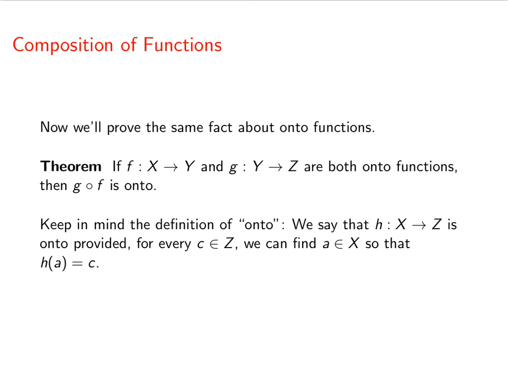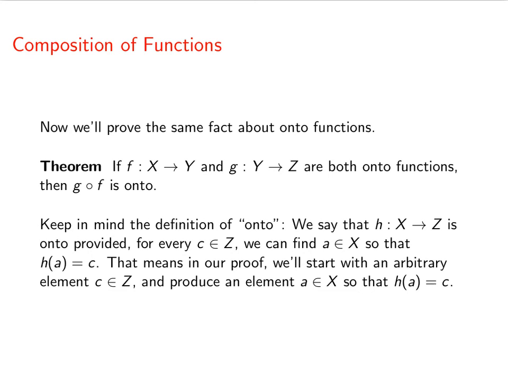We're saying that there's an arrow that gets mapped to c, and we have to find out where that arrow comes from. So in our proof, we have to start with an arbitrary element c in the codomain and produce an element a in the domain so that h of a is equal to c. In this case, instead of using h, we're really using g circle f.